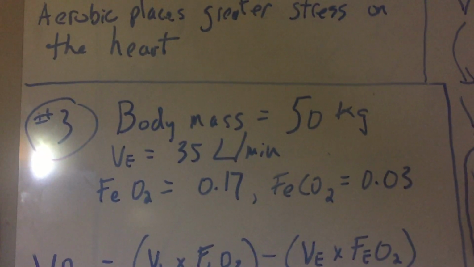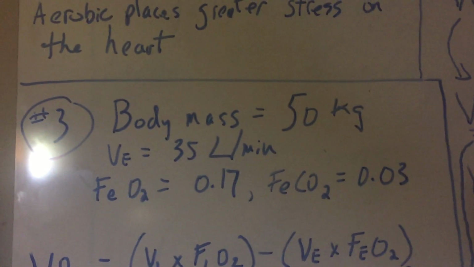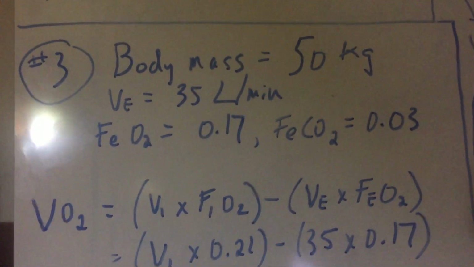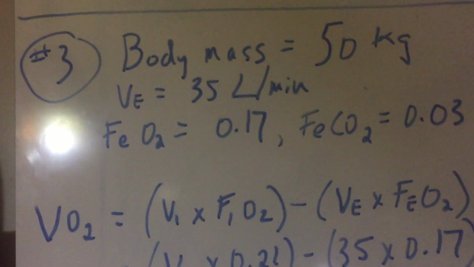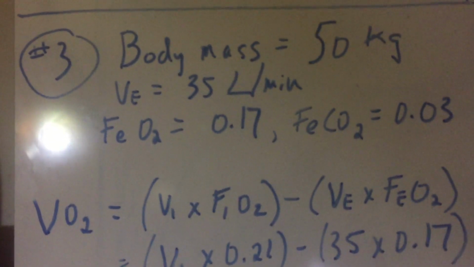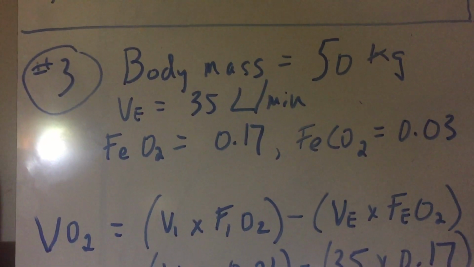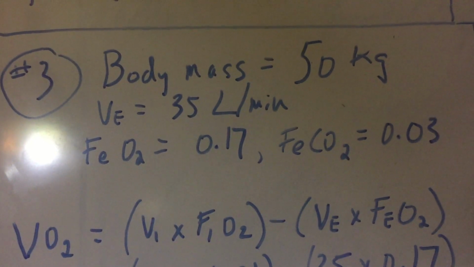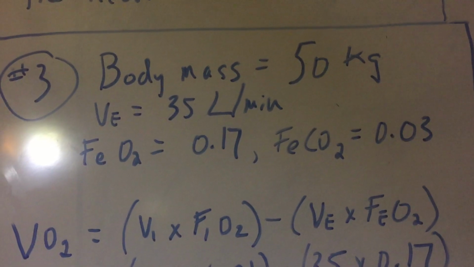So the question asks to determine the person's relative VO2. So you need to use this equation to figure out the answer. It's VO2 equals ventilation inspired multiplied by the fraction of inspired oxygen minus the ventilation expired times the fraction of expired oxygen.